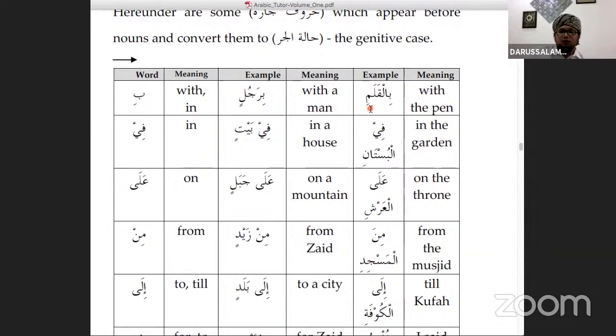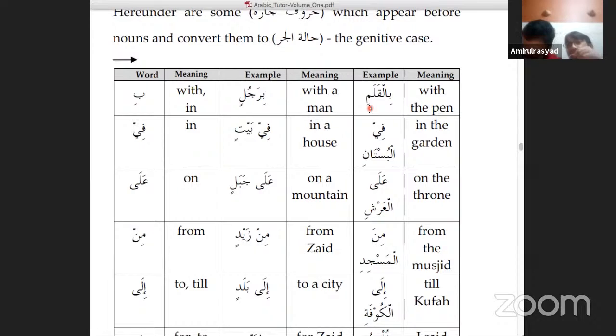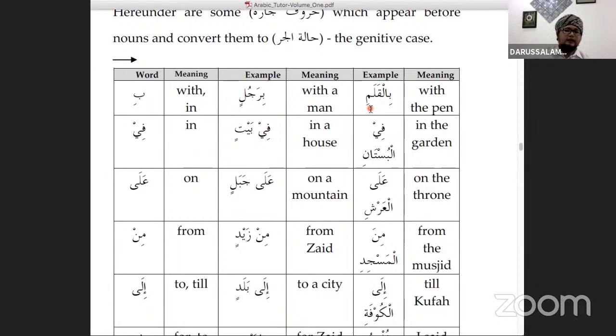Bil qalami, with the pen. Okay, read like that. Bi. With a man. Yeah. With the pen. Okay, next.